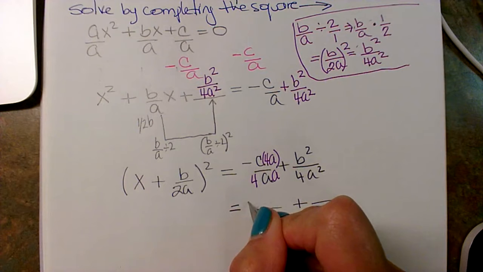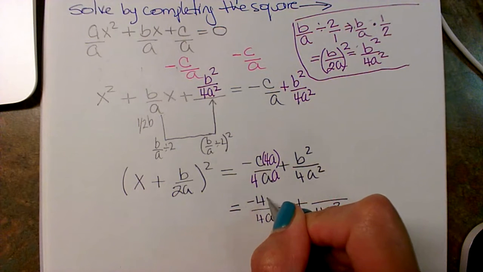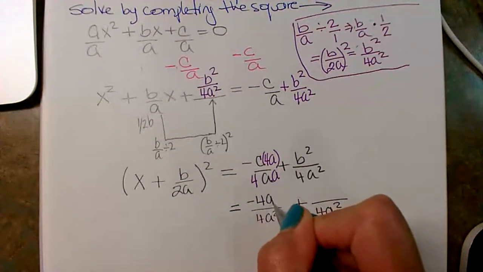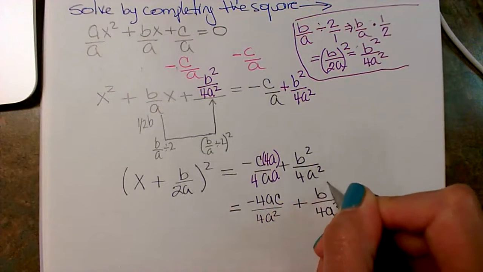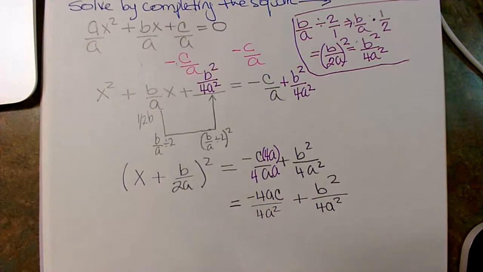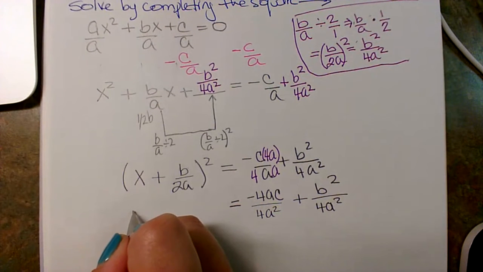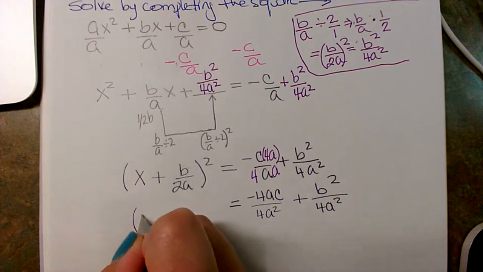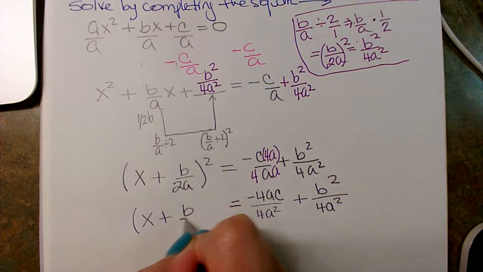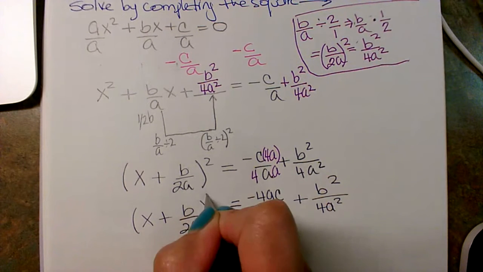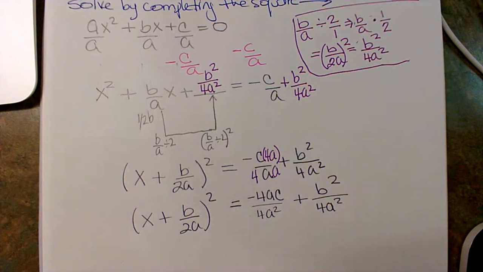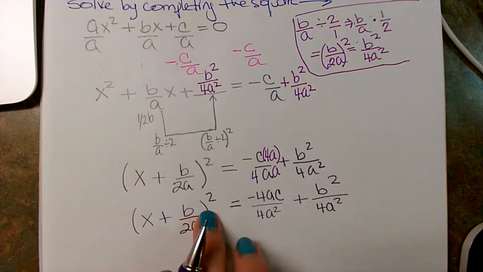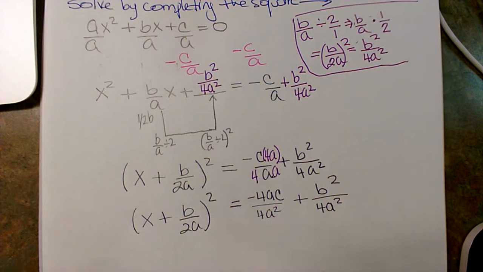And the top is going to be negative 4ac. And this side is going to be now right there. I'm going to use the square root property right here.